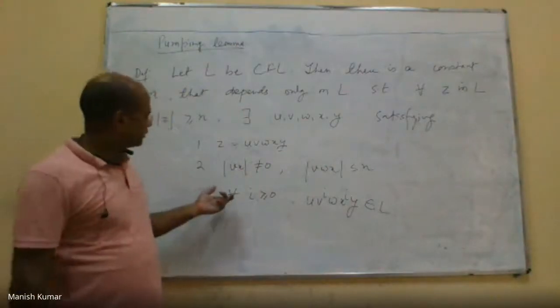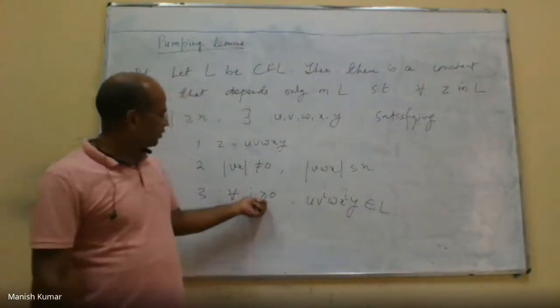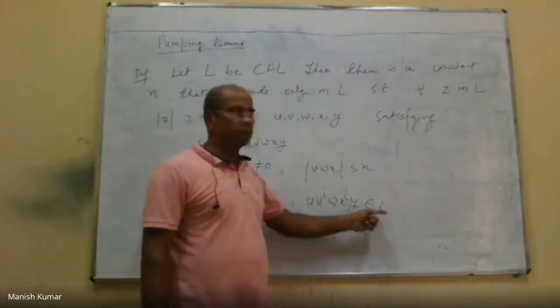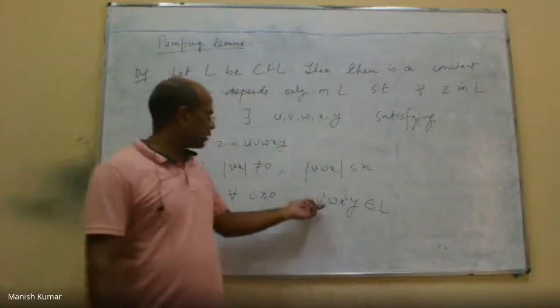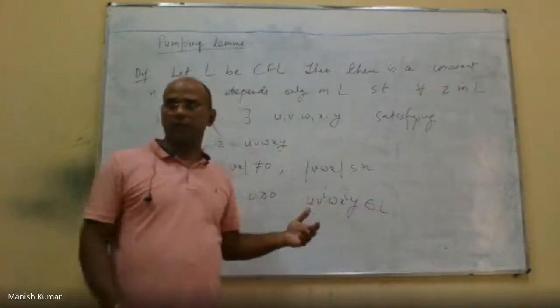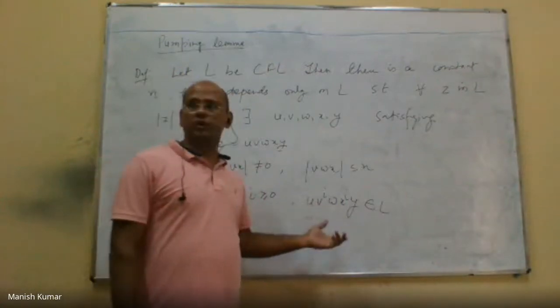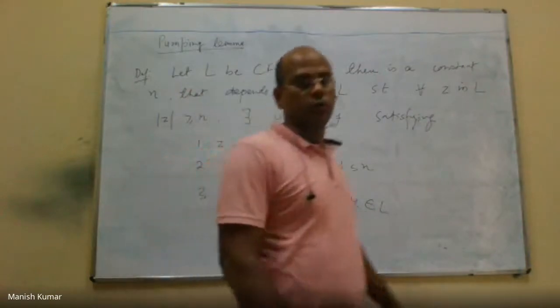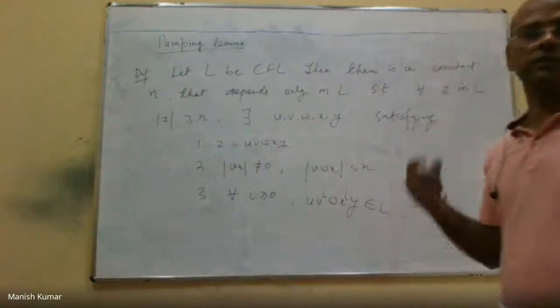And third says that for all i greater than or equal to 0, u v^i w x^i y belongs to L. That means I can pump v and x as many times as I want, and whatever string you generate will still be in the language. Okay, this is what we mean. Fine.